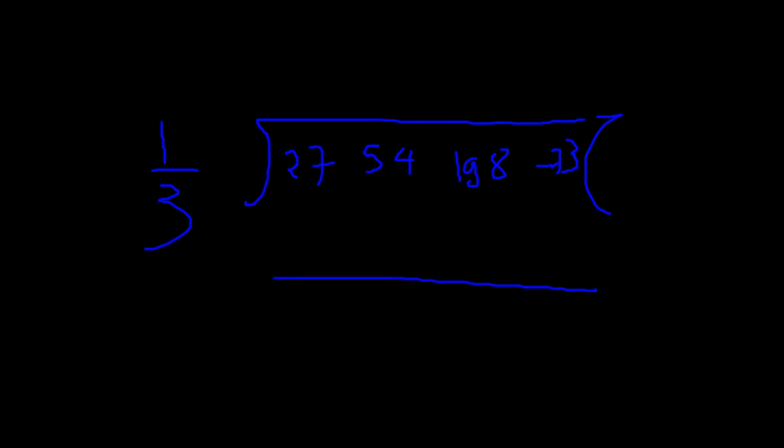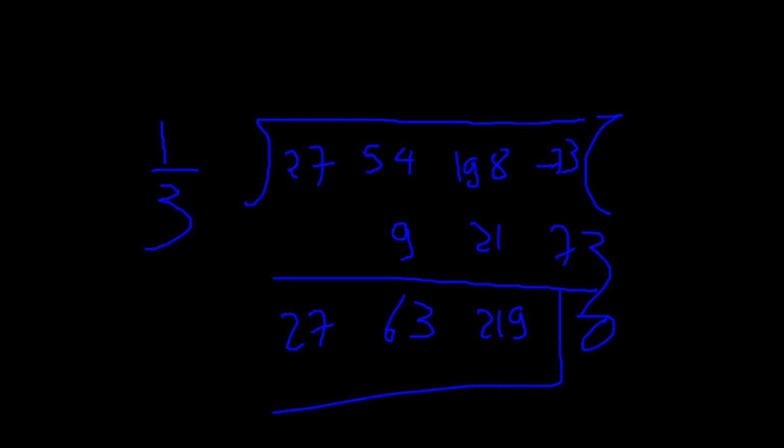Okay, just see 27. Multiply this with that, it will be 9, and it will be 63. Multiply 63 with that, it will be 21. Add this, multiply or divide this by 3, same thing, it will be 73, so it is 0.